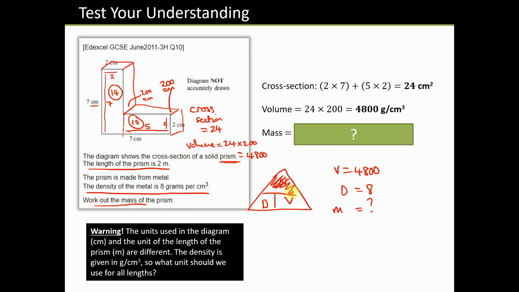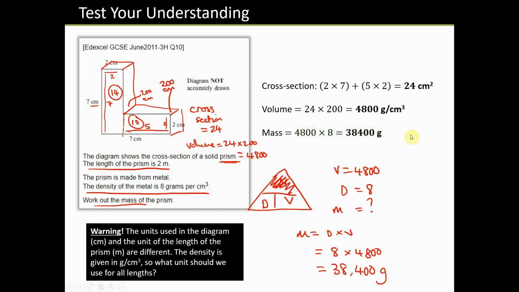Cover up the mass. Okay, so mass equals density times volume. Density is 8. Volume is 4,800. So 38,400 grams. There we go, spot on. Well done if you got that right.